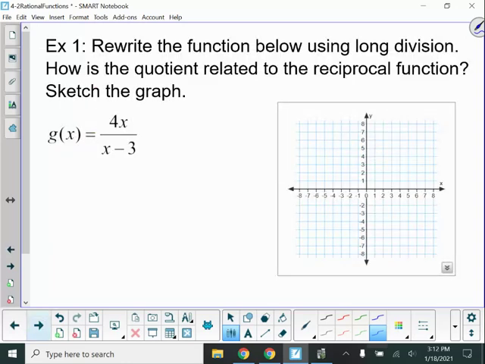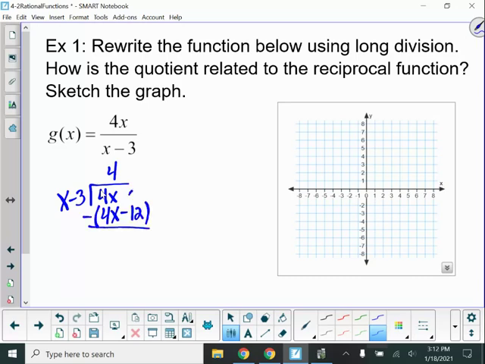For example 1, it says rewrite the function below using long division. How is the quotient related to the reciprocal function? And then sketch the graph. Doing your long division, the 4x goes on the inside and the x minus 3 goes on the outside. X goes into 4x 4 times, giving me 4x minus 12.